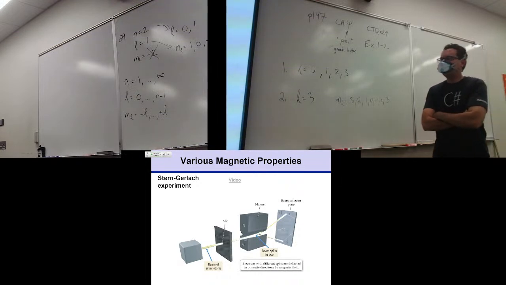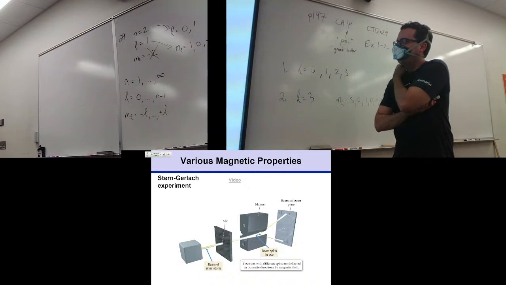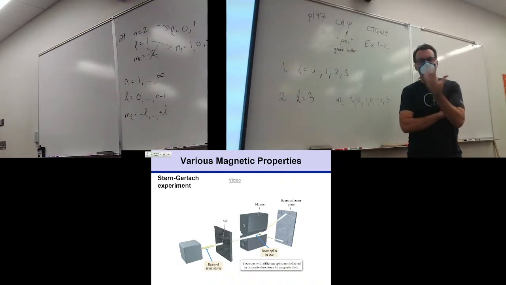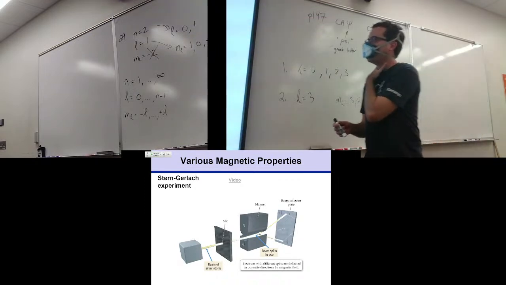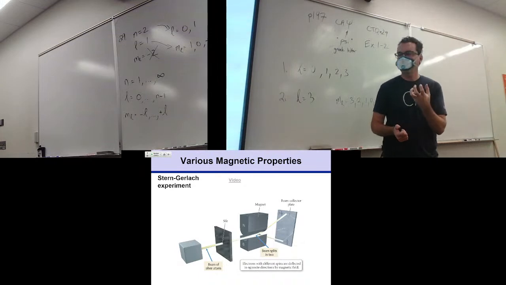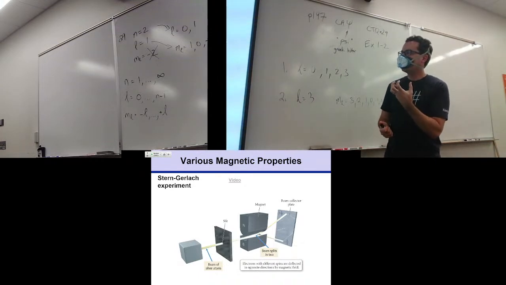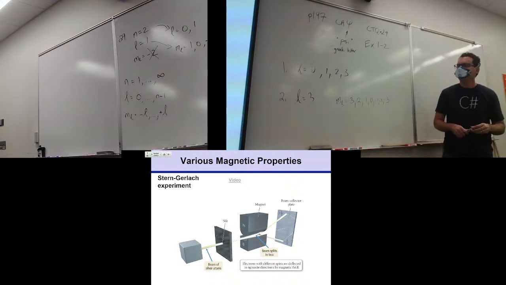Now, there's more to it than just this experiment, but the only way you can interpret this is that the silver atoms have an electron in them that has what we're going to call a spin component. I've tried describing it to other people before.